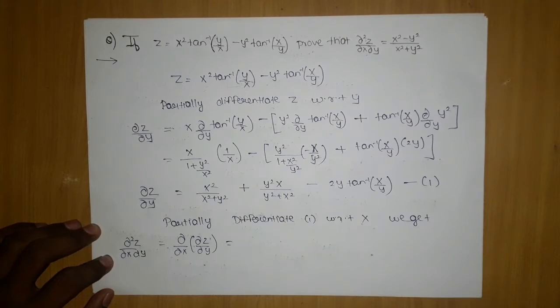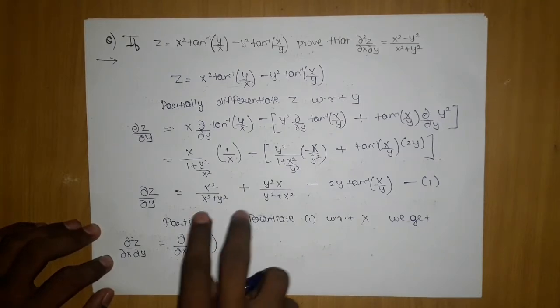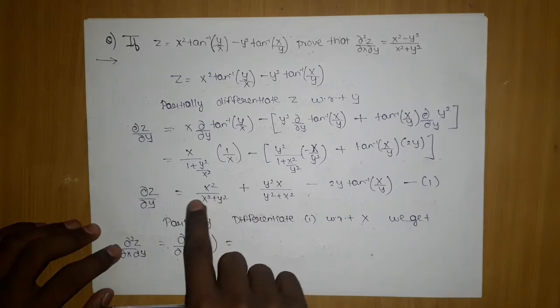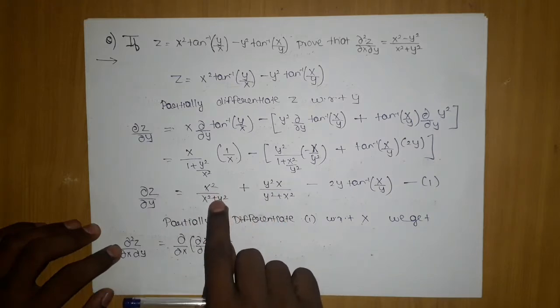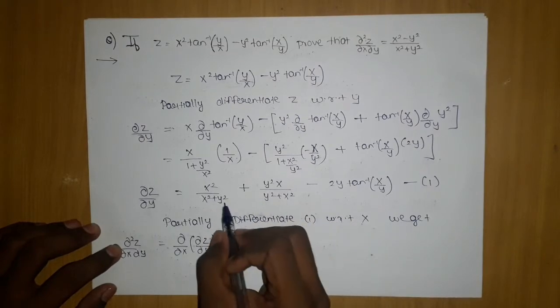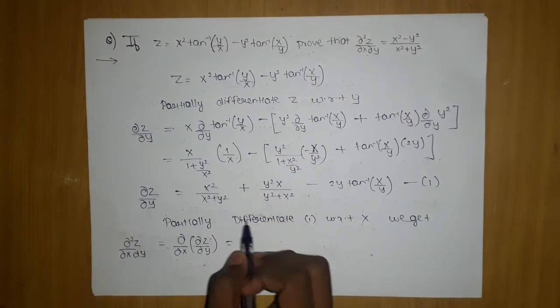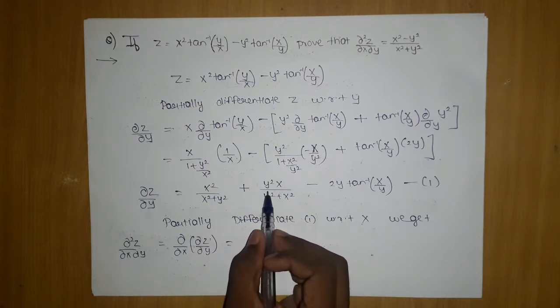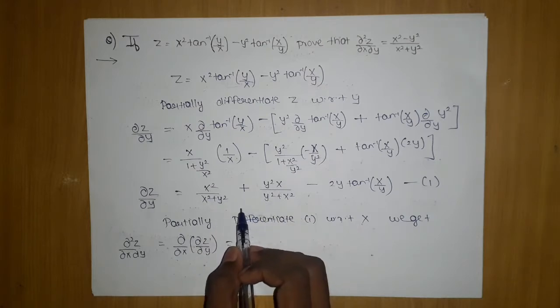Now we have to differentiate them. Here you can clearly see, we can also simplify this. It will be nothing but x square plus y square into x, right?